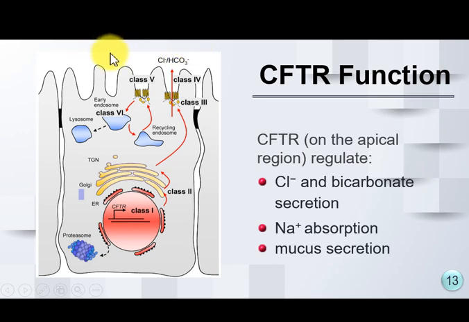So the function of this protein is not just to regulate the chloride ion going out of the cell. It also regulates bicarbonate secretion. So if the cell is pumping out the chloride, the sodium ion should be absorbed into your cell. And the water is going out with the chloride, so you have mucus secretion.